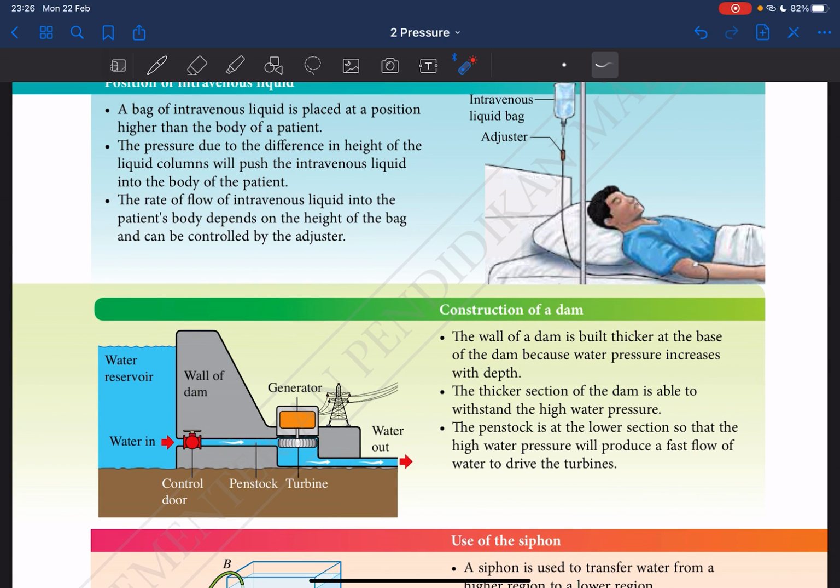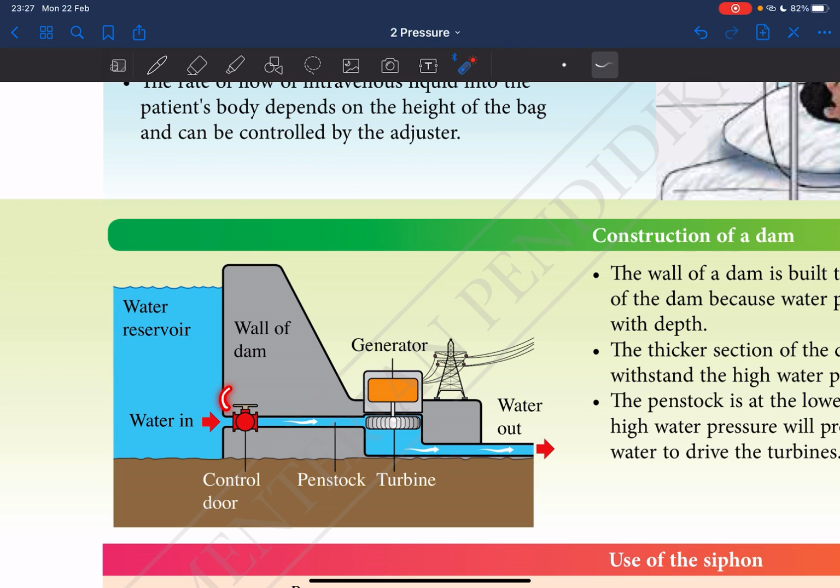Let's see. So the wall of the dam is getting thicker as it goes downwards. Why? Because we know that pressure equals H rho G. So here it has greater height, so it means greater height also gives greater pressure.